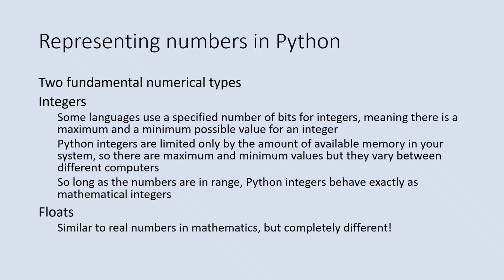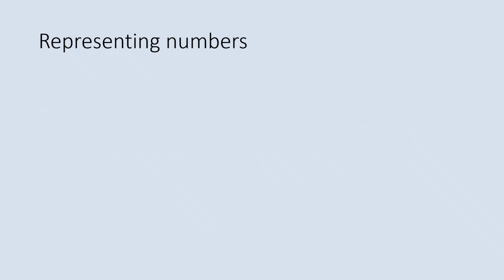Floats, on the other hand, numbers with a decimal or a fractional portion, we should say fractional because if we're using binary numbers and so on, decimal portion doesn't make sense, but the fractional portion is very different in terms of the computer representation versus a non-computer representation.